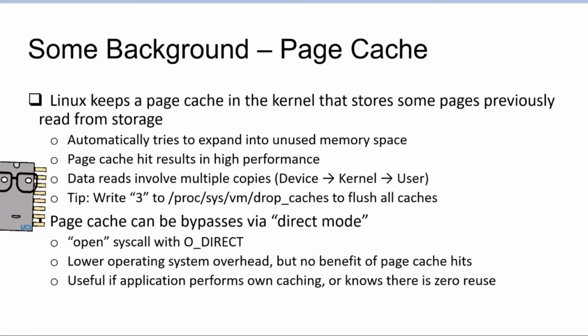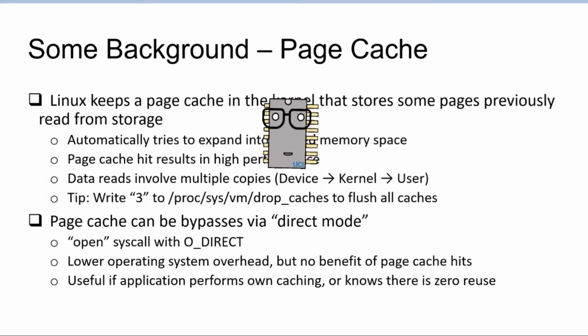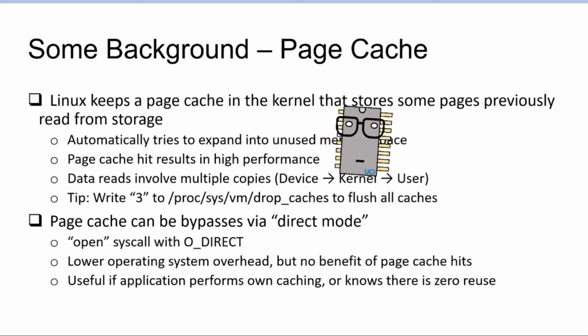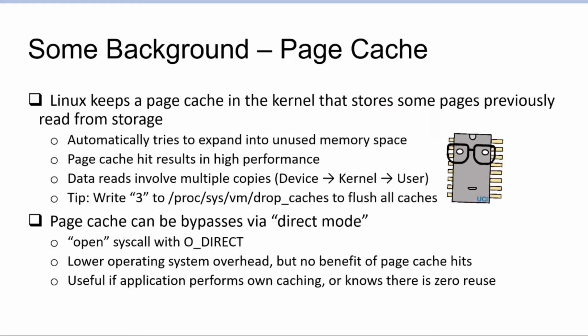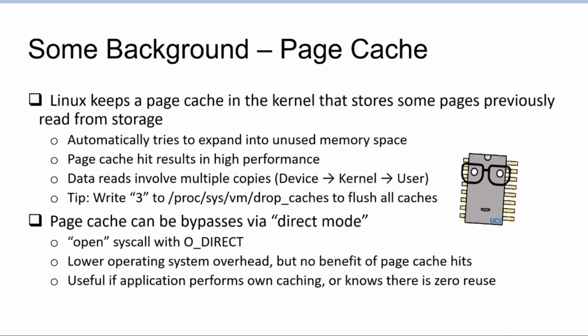However, this does mean that if you read data from storage, it involves multiple copies being made. The data has to be moved from the device to the kernel where the page cache is. And then from there, it has to be memcopied again to the user space where the actual destination buffer that you gave to fread, for example, is located.